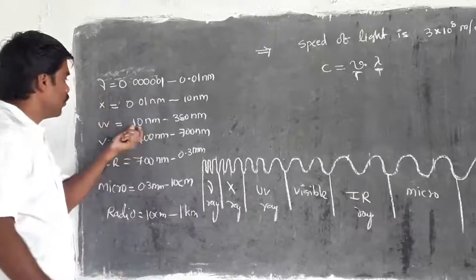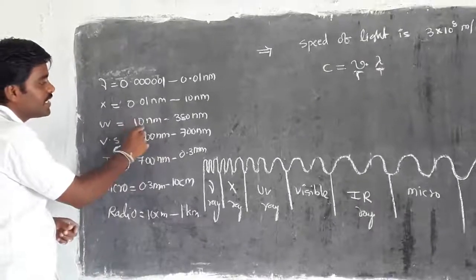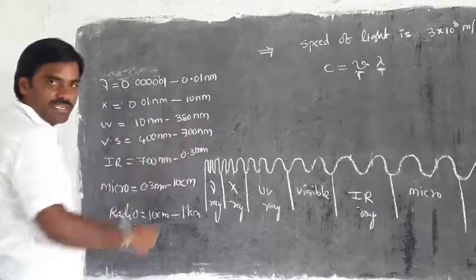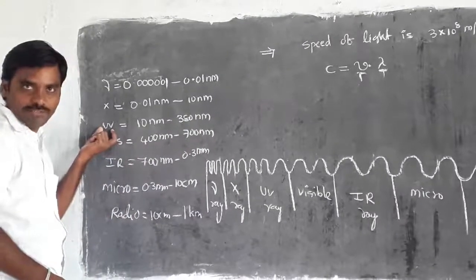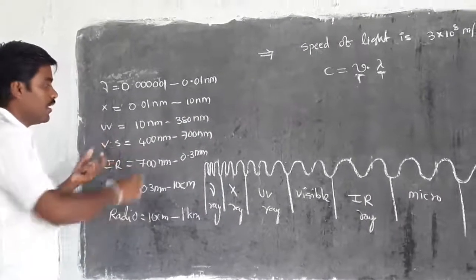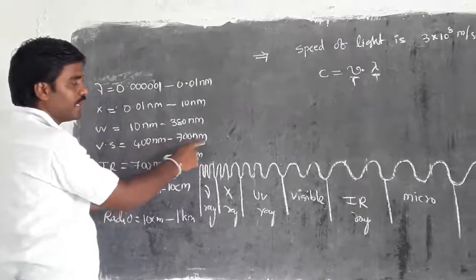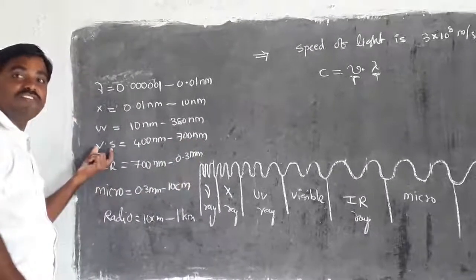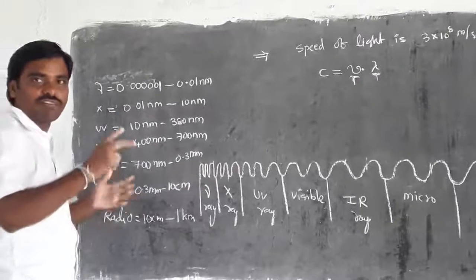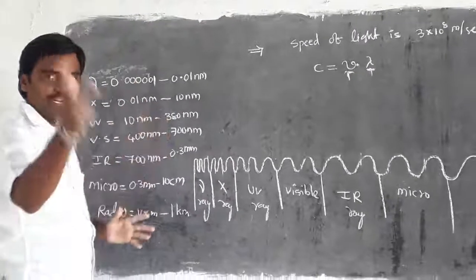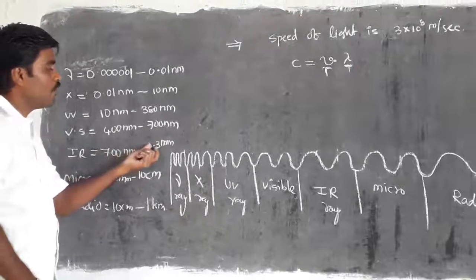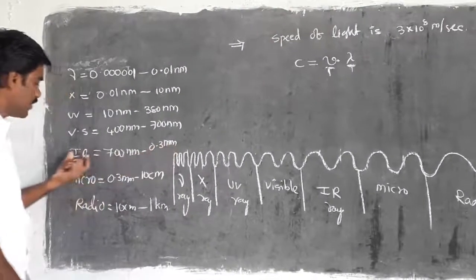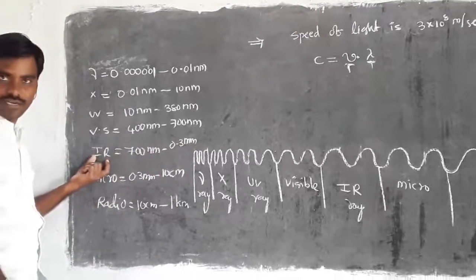Then one more, if the wavelength is 10 nanometers to 380 or 400 nanometers, we call that UV, ultraviolet. Then 400 nanometers to 700 nanometers, we call the visible spectrum, what we see as different colors, from violet to red. Then if the wavelength is 700 nanometers to 0.3 millimeters, we call that IR, infrared.